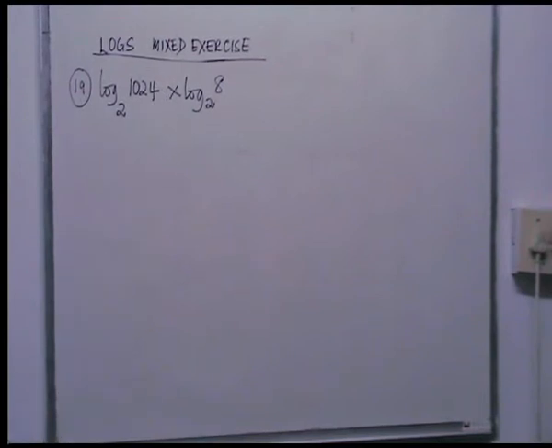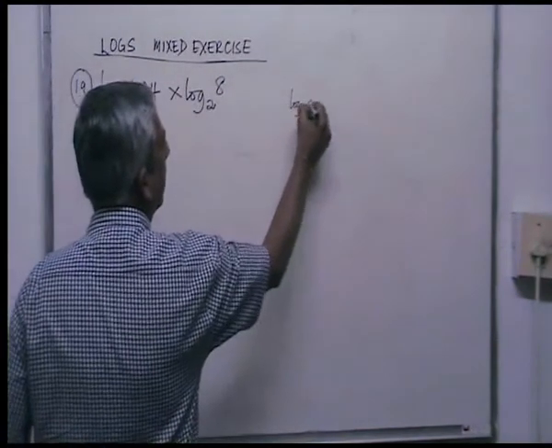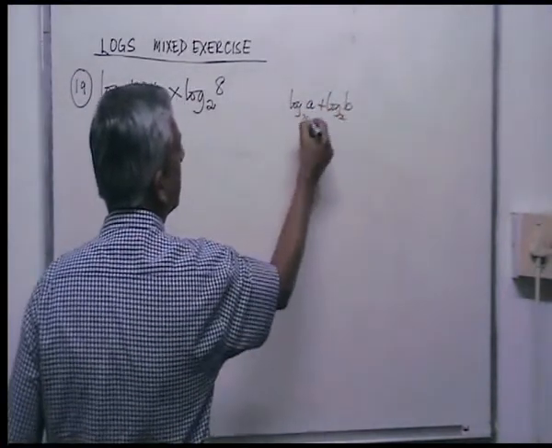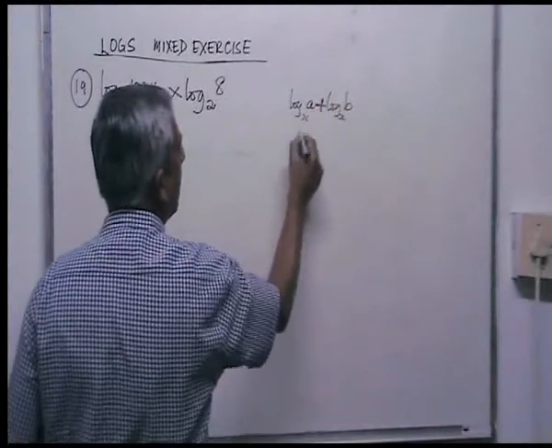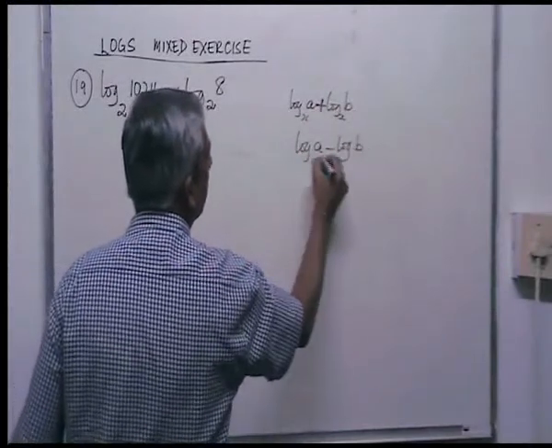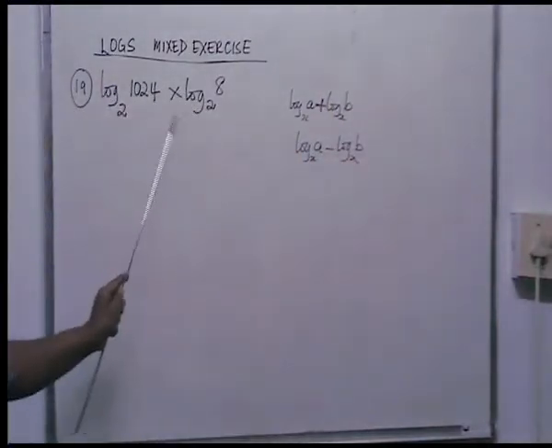The law is for a plus sign, and the law is for a subtraction sign. In other words, the two laws are log of A plus log of B, so there's a plus sign in between, and the other law says log of A minus log of B. So there's a plus sign and a minus sign, there's no multiplication.